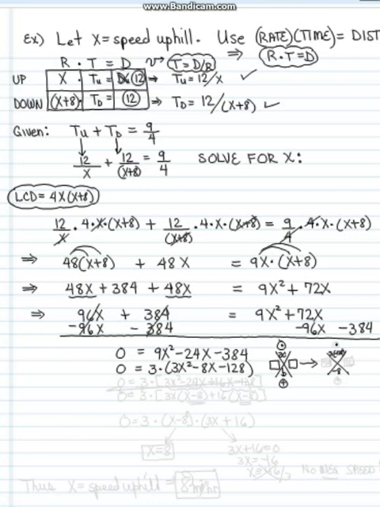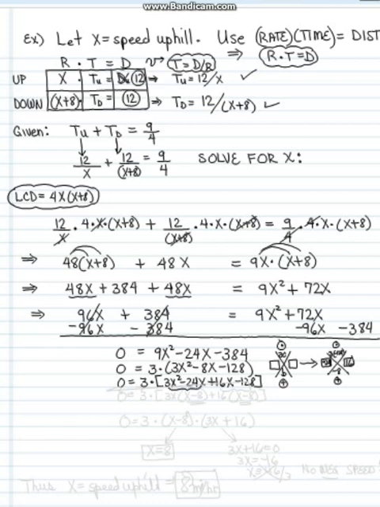Okay, so I want numbers that multiply together to give me 3 times negative 128 and add together to give me negative 8. And the answer is negative 24 and 16. So I'm going to take out the negative 8 here and replace it with the sum of those two values. So we have 3x squared, negative 24x, positive 16x, negative 128.